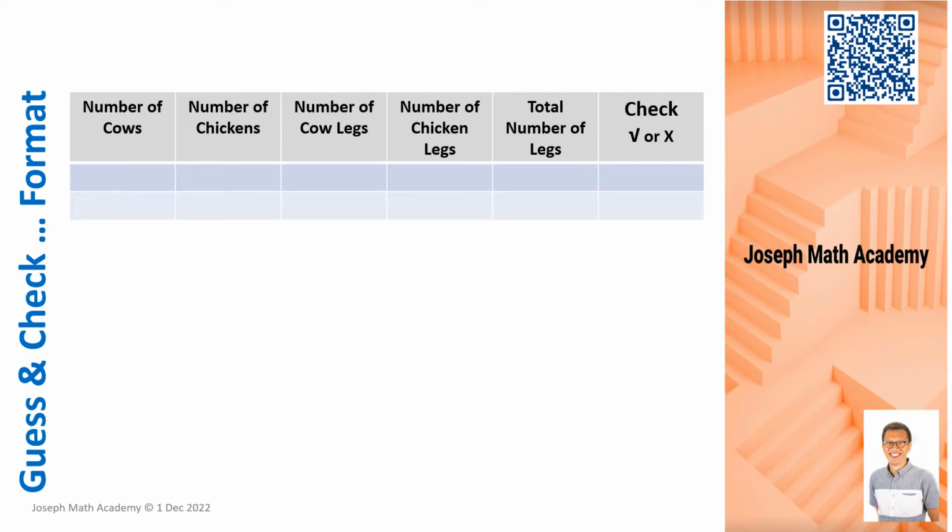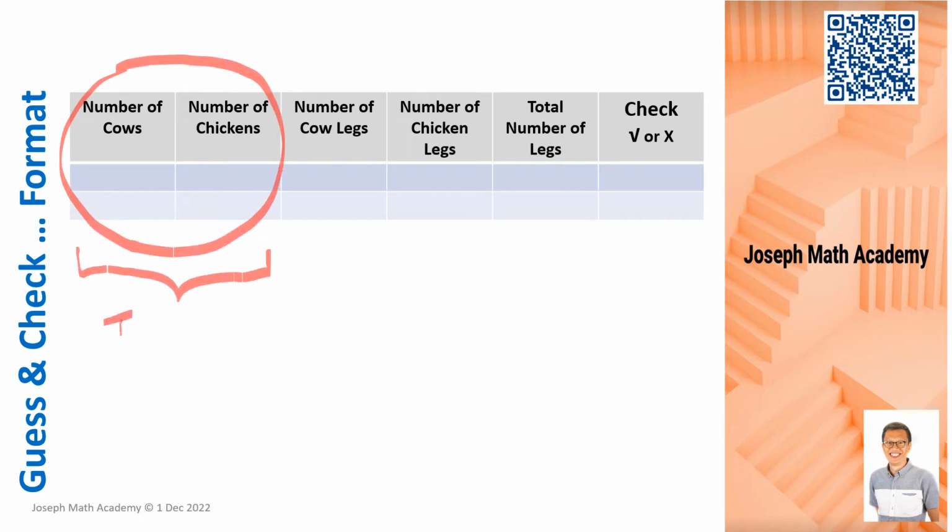Now, the format for doing guess and check is usually 6 columns. There are 6 columns to be constructed when we perform a guess and check solution. The first 2 columns, number of cows and number of chickens, should add up to give you the total number of animals in the farm.